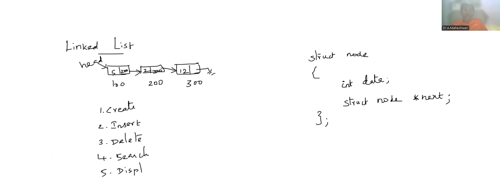For both insert and delete, you can do it at the first position, middle position, and one more, the last position. So I can do 3 ways, both insertion and deletion. Okay. So first you'll see the create function.